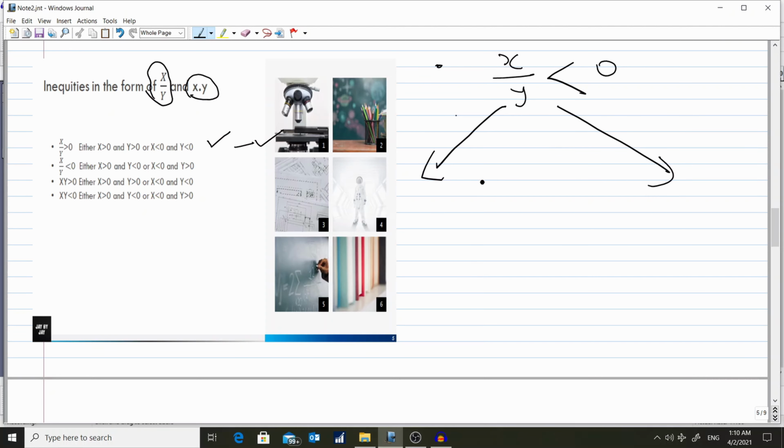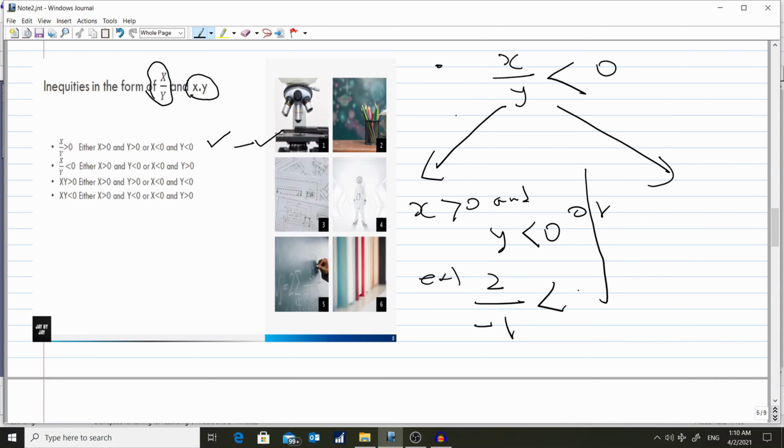Possibility 1: x can be a positive value and y a negative value, for example 2 divided by minus y, so this one is negative.